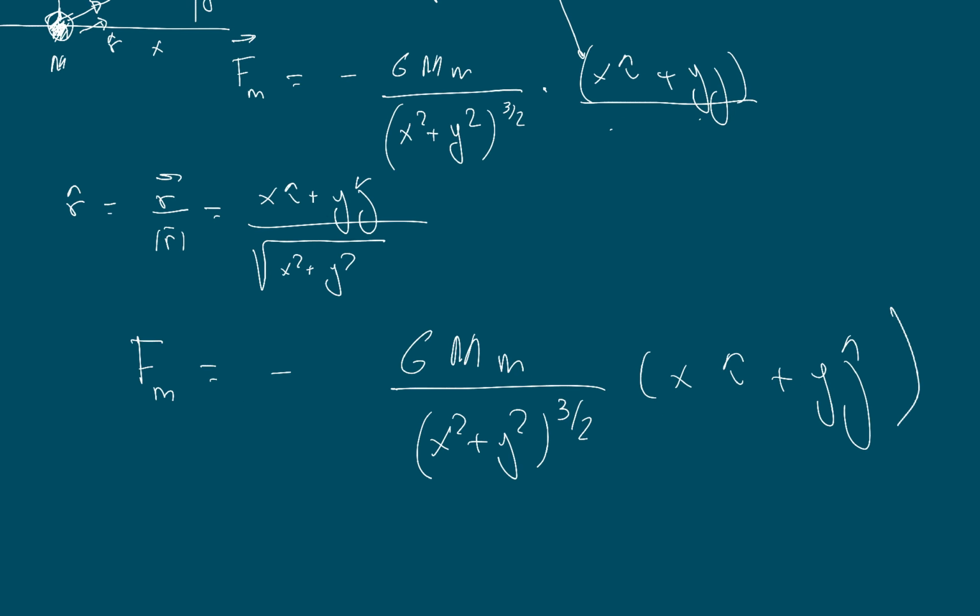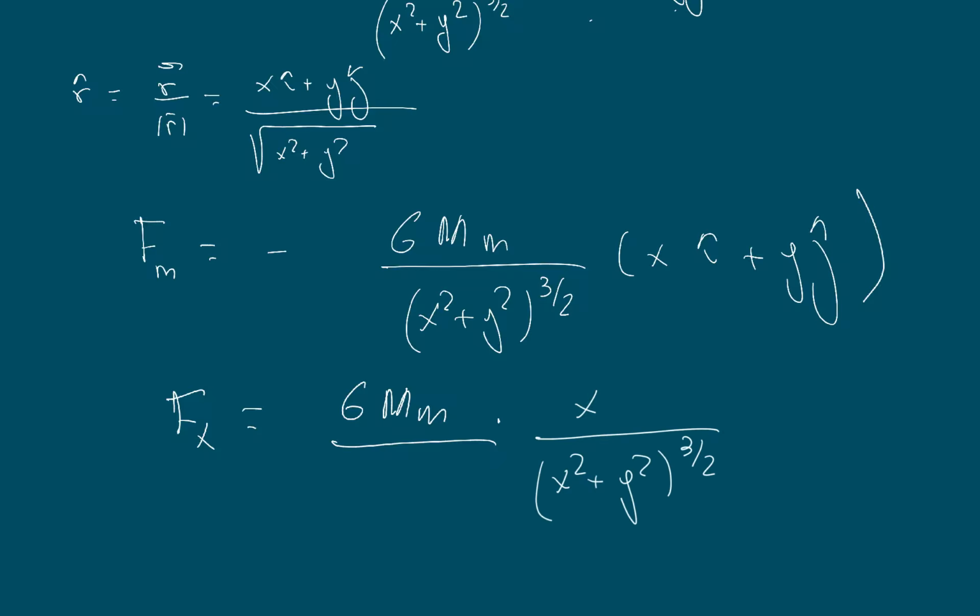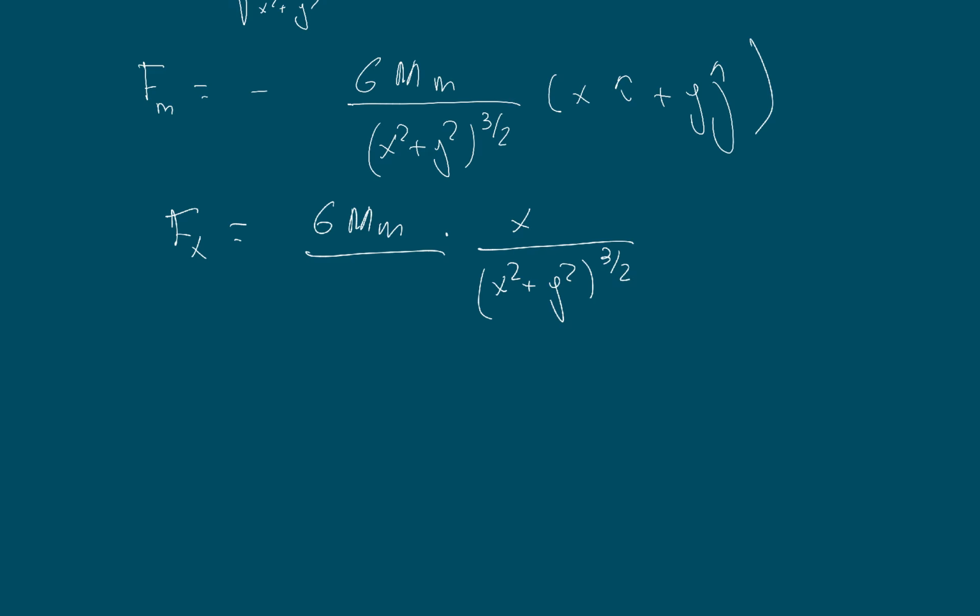And the component x of the force is GMm multiplied by x divided by x squared plus y squared to the 3/2. And the component y of the force is GMm y divided by x squared plus y squared to the 3/2.